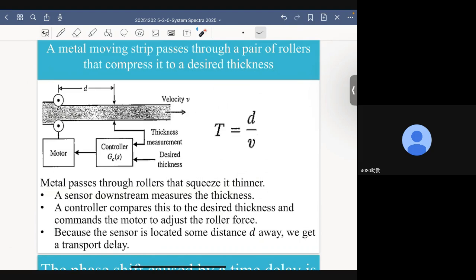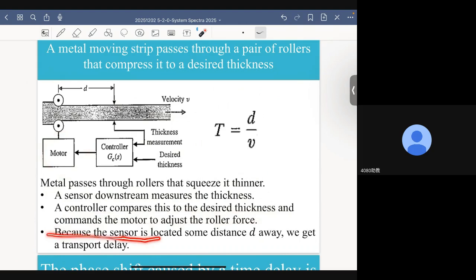Now, a sensor, which is located here downstream, measures the thickness. And the controller compares the measured thickness to the desired thickness and commands the motor to adjust the roller force, right?